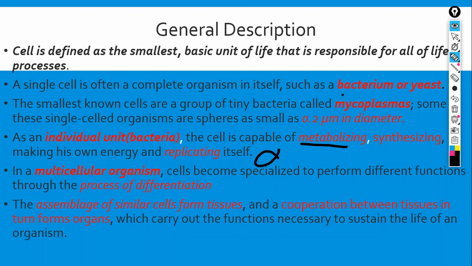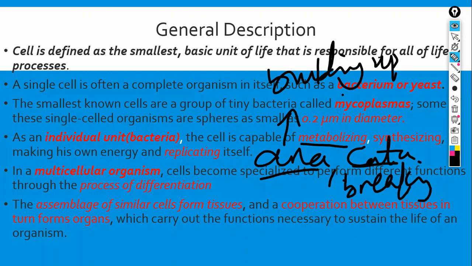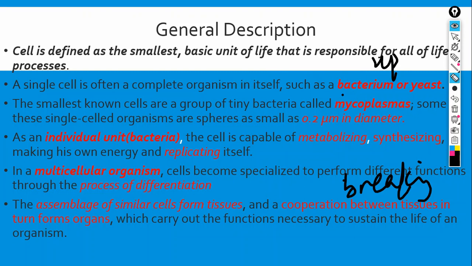We have ana and kata, anabolism and catabolism. So ana meaning building up, and kata meaning breaking down. So kata means down, ana means up. Right? Whenever you get the word ana and kata in science, that's what they literally mean.